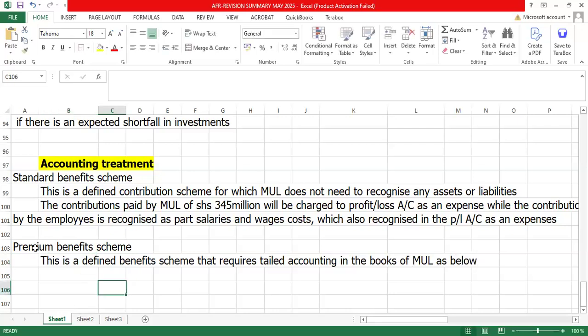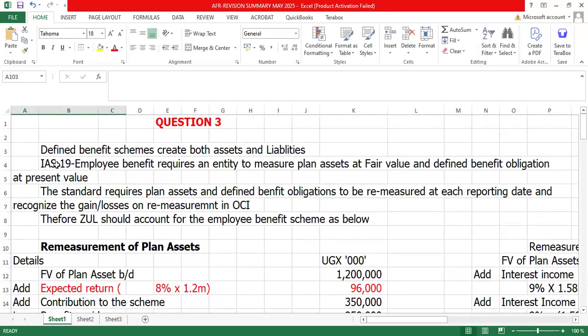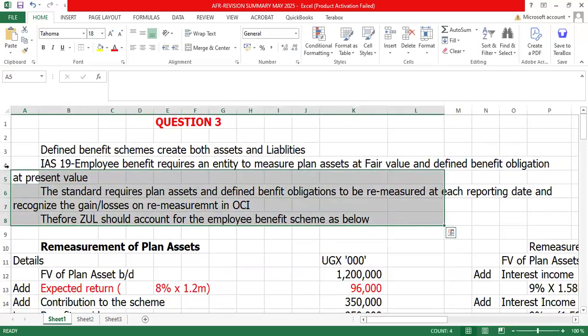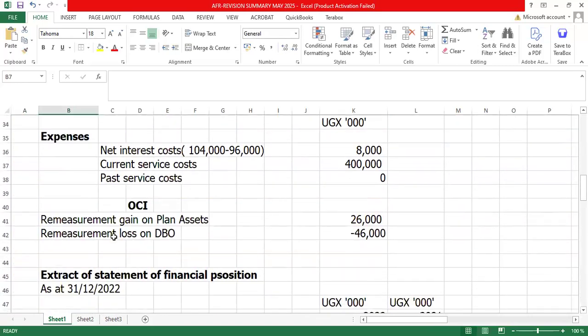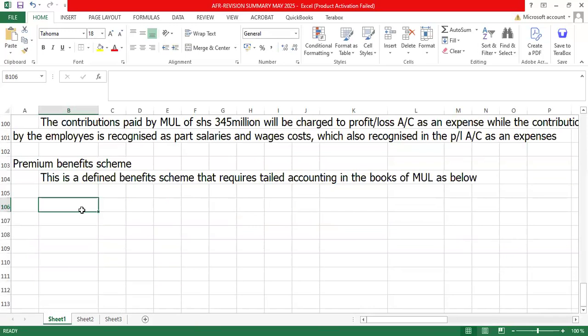Or you may bring this thing that we talked about here. These ones. But here, all you need is remeasurement on the defined obligation. Please, you are going to do the measurement of defined benefit obligation.